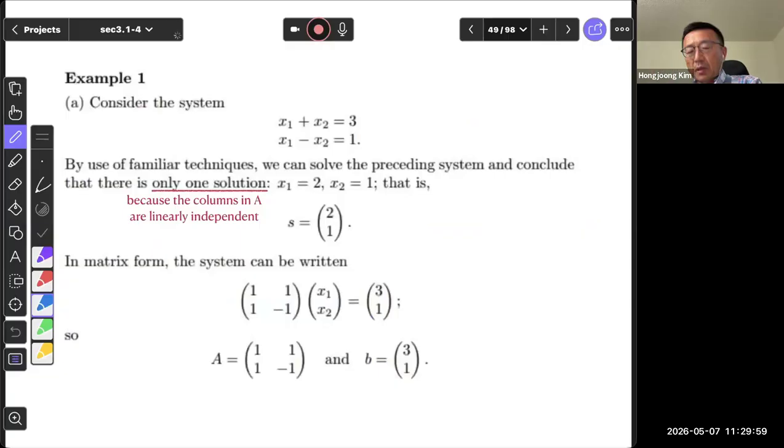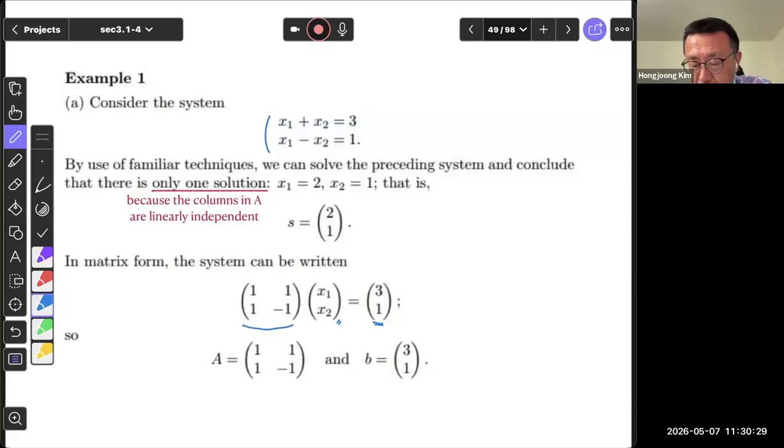So here is some example. Consider the following problem. If I consider this as a matrix times the solution, the unknown vector, equals the right-hand side vector, then the system can be written as Ax equals b.